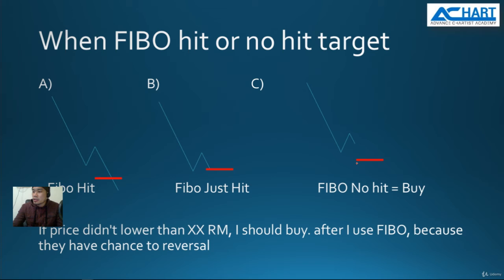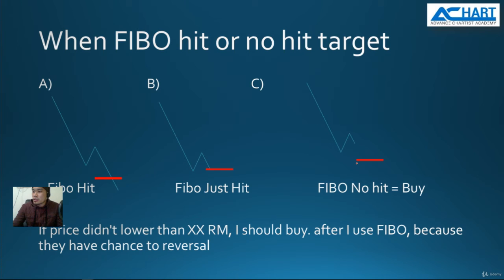If we measure the Fibonacci target down and it is not hit, it reverses. And if we subsequently measure the Fibonacci target up, it hits. Again not hit, again hit.